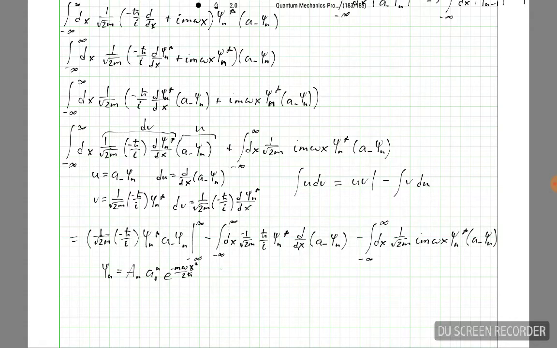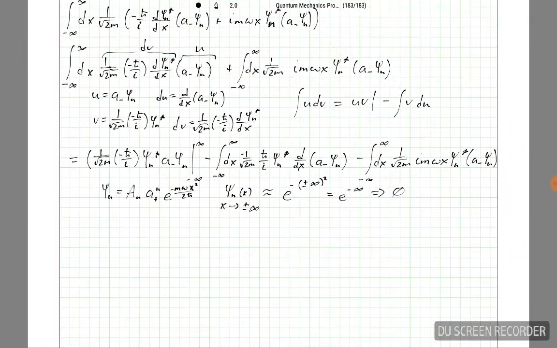If I evaluate that at positive infinity or negative infinity, so as my limit goes to plus or minus infinity, what I have is e to the negative plus or minus infinity squared. So that's always going to be e to the negative infinity, which is going to go to 0. So I can flat out get rid of that first one. And now I just have the two integrals.